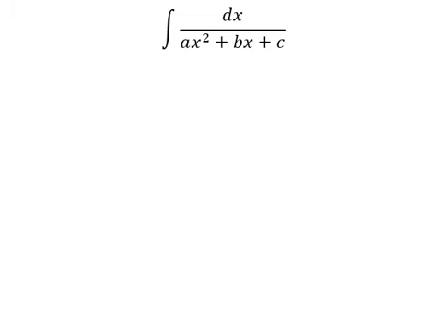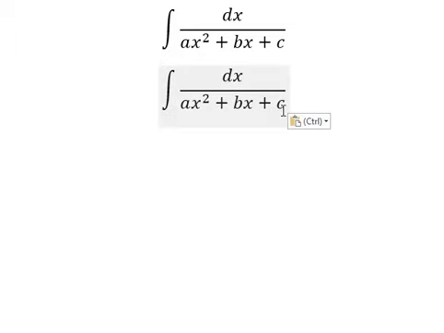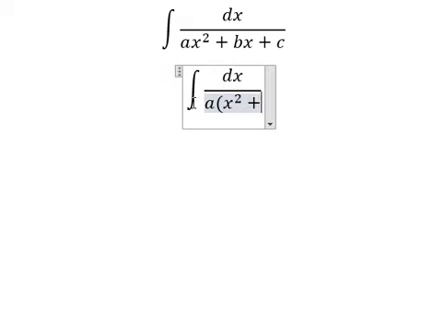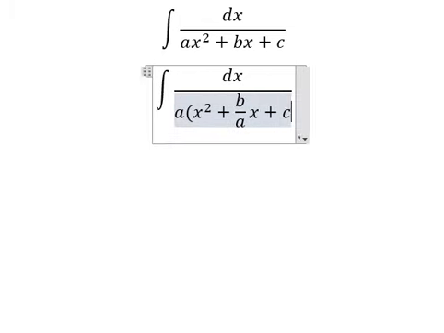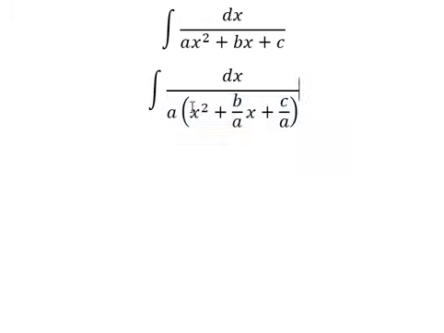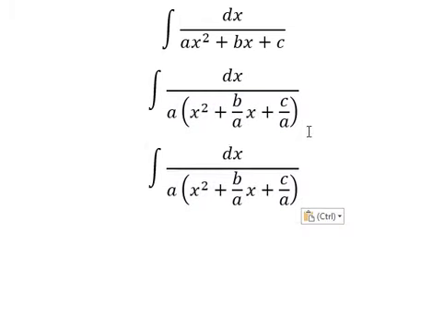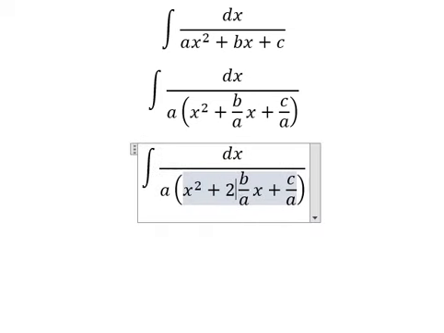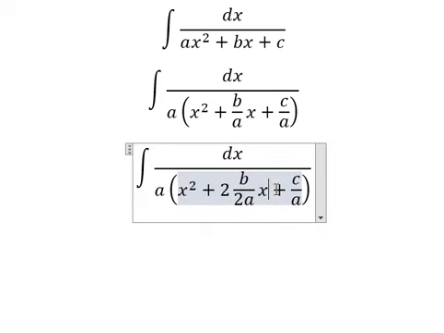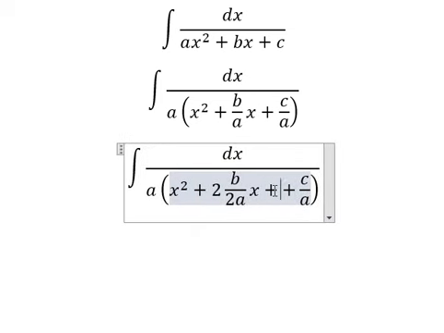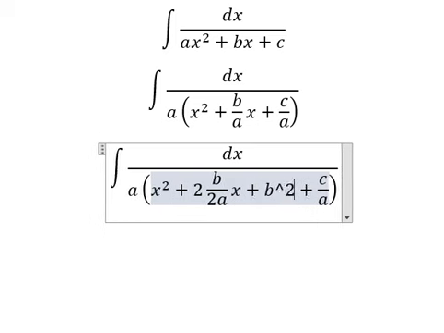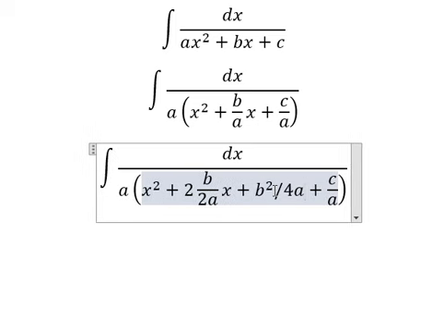So today I will show you how to answer this one. Now we can do factorization by a. Next, we need to have number 2 in here. So we need to add b squared over 4a squared.